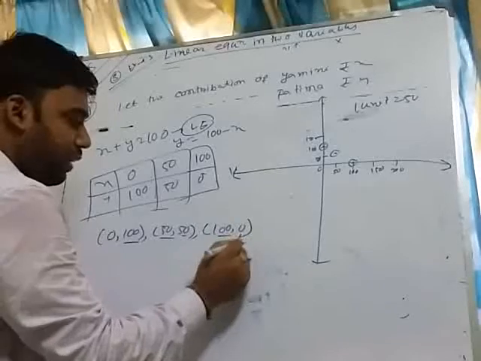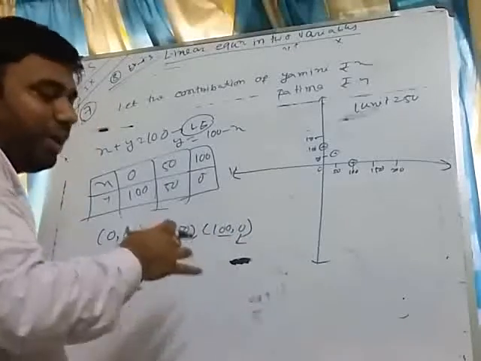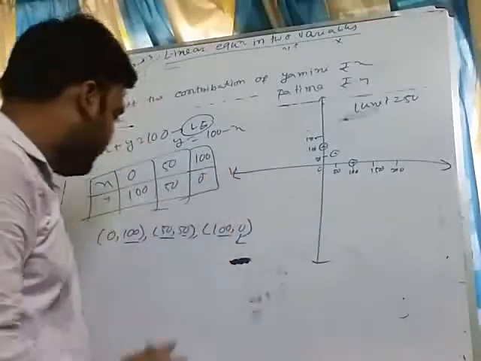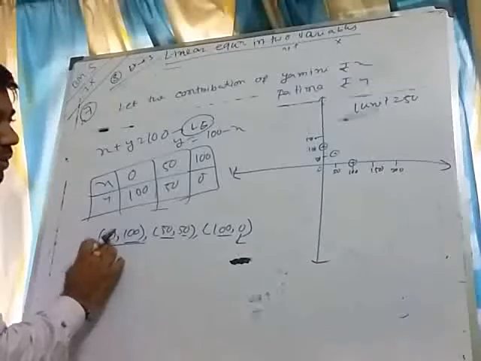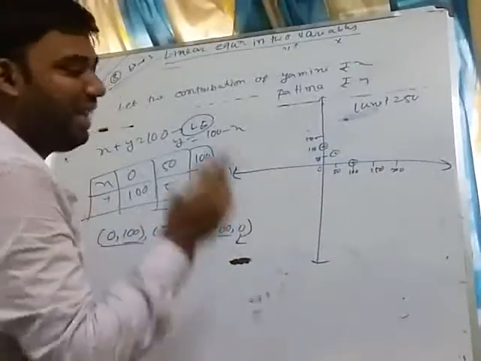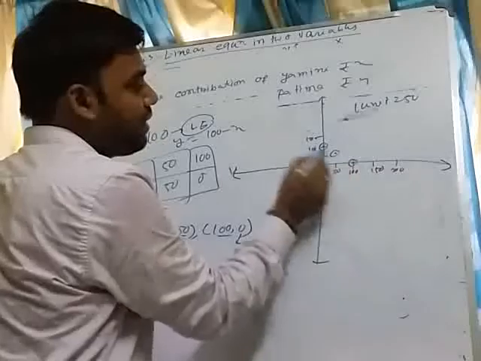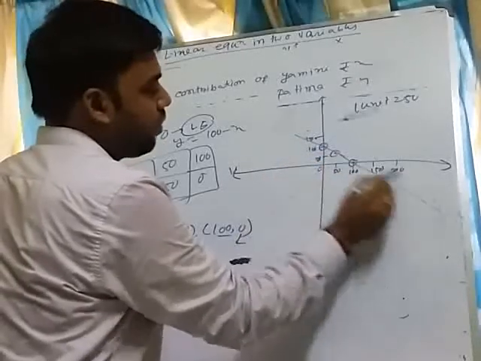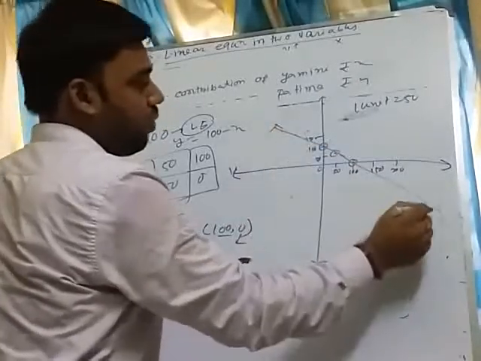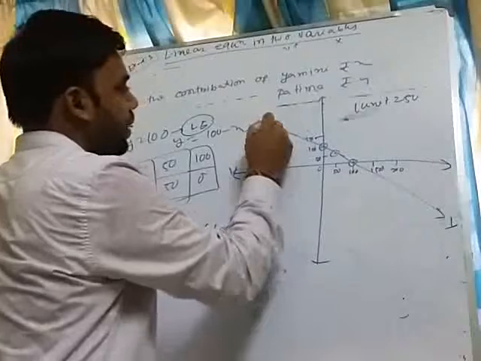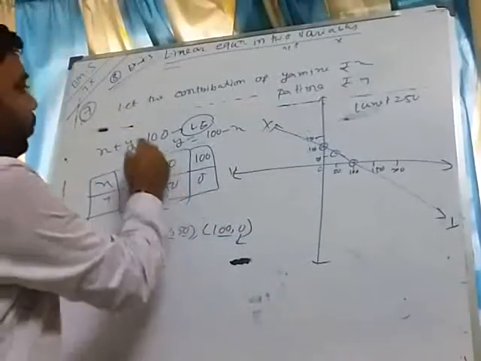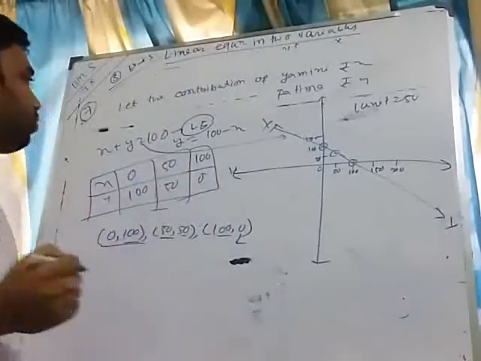We know that Y equals 0 means the point lies on the X axis, and the first point, X equals 0, means the point lies on the Y axis. Next and last step is to join the points using the scale. So XY is the line of that equation, X plus Y equals 100.